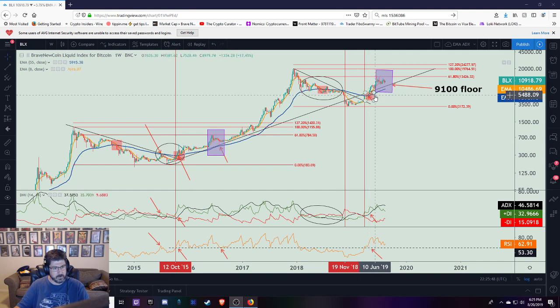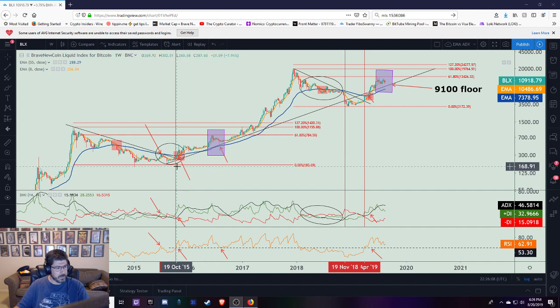So now the blue 55 exponential moving average becomes support. That's one of the main areas I'm looking at as a support level, and right now the 55 exponential moving average is at 73.78. I don't think it's quite going to get there, and I'll explain in a minute.